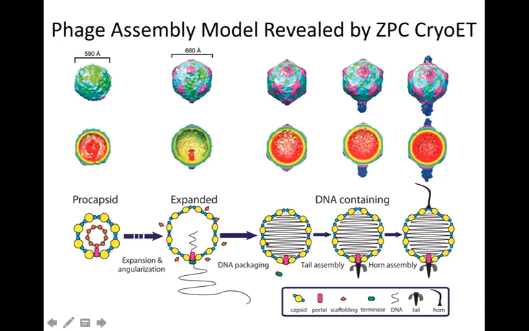And then finally, when the DNA is encapsulated, there is a substantial change, also with additional tail density attached to this vertex, and finally the horn is assembled, and that's the last step. So I think this set of tomographic analysis really reveals the assembly process of this phage particle inside the cell.